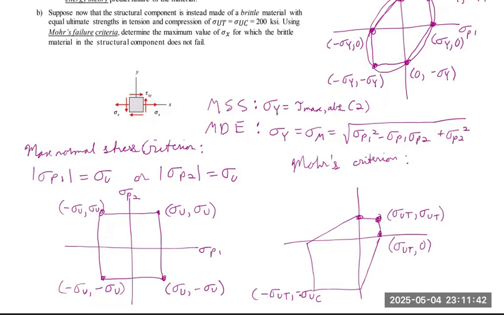Sorry, this is supposed to be uc. And this point over here is negative sigma uc, comma 0.